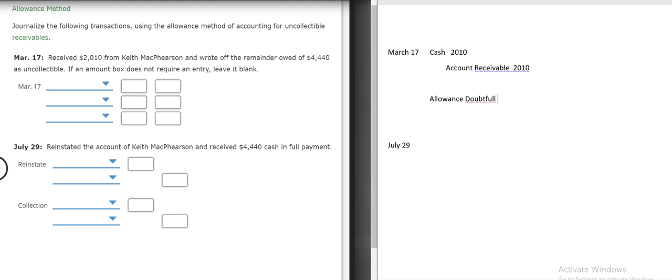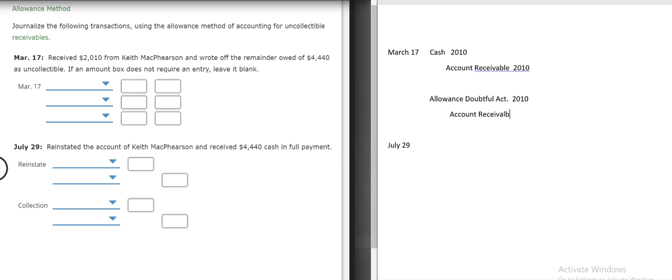Remember, this is the account that I set up last year when using the allowance method, that you credited for a big lump sum, and now that you're identifying a customer that is not paying, you're emptying the bucket. You're debiting the allowance and we're going to credit account receivable.